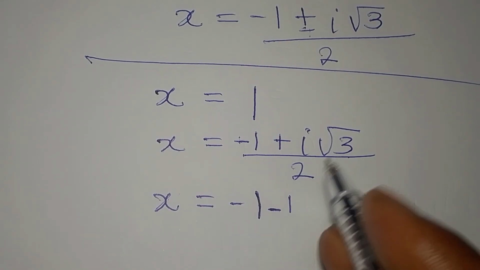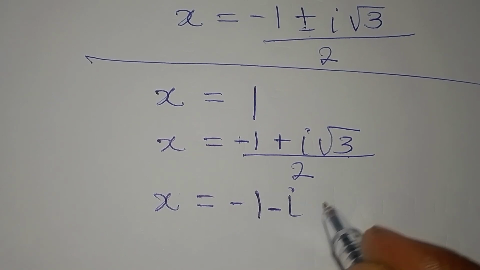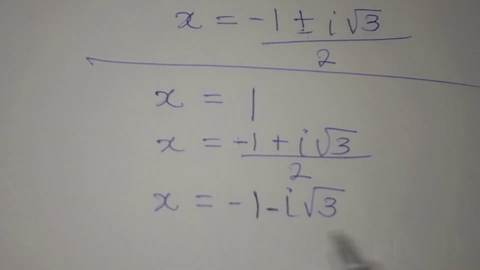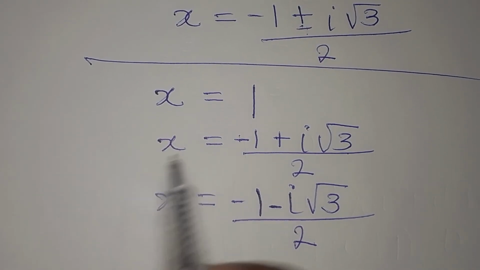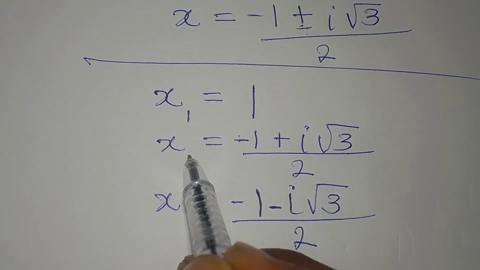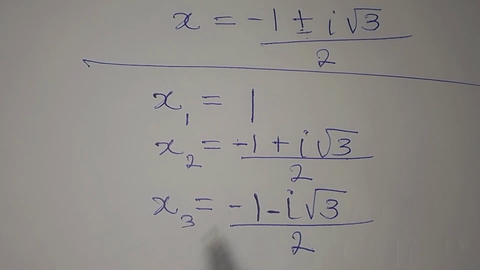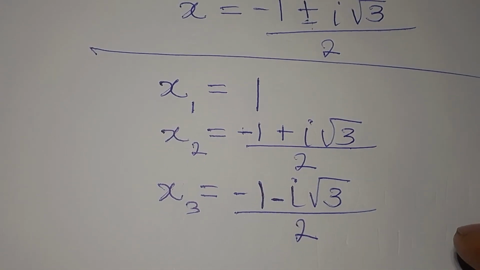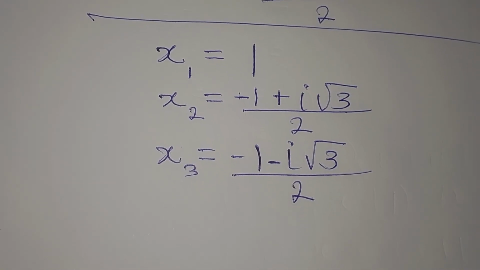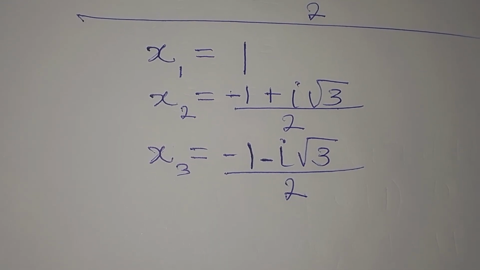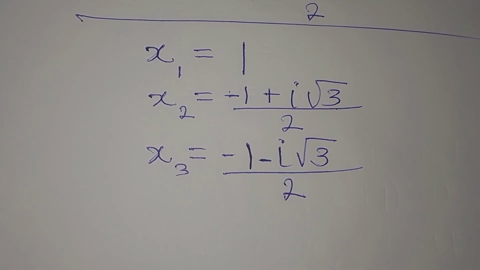This is plus, so this is minus. Minus i square root of 3 over 2. So we can call this our x1, x2, and x3. So these are the 3 solutions that can be obtained from the given equation.